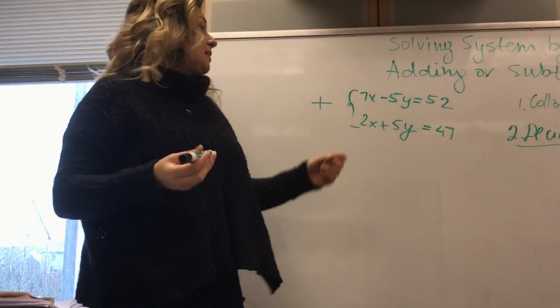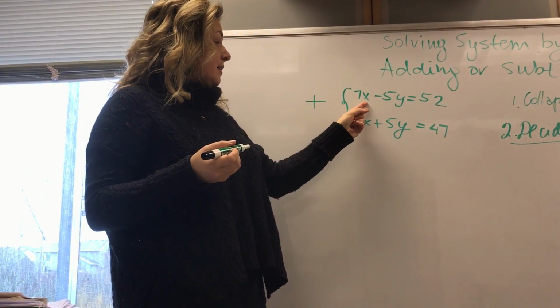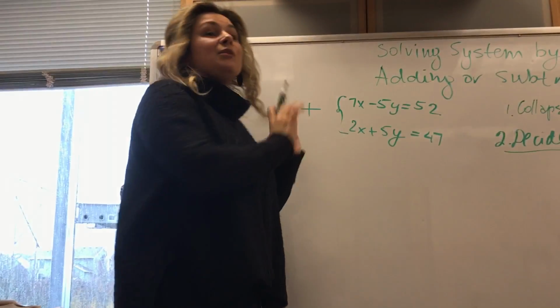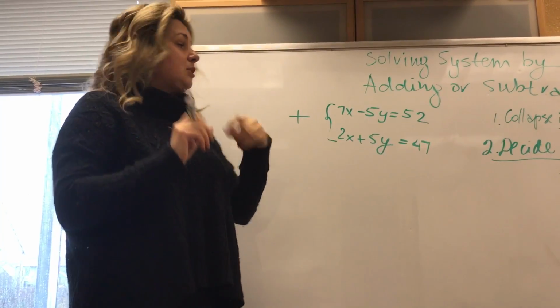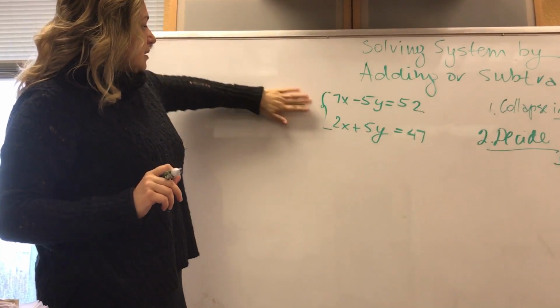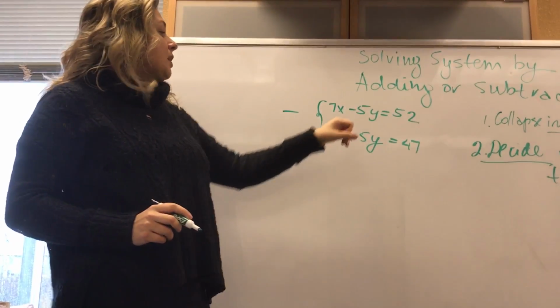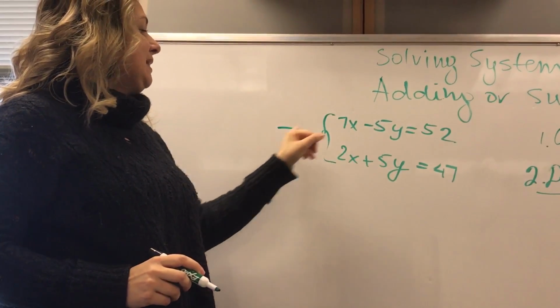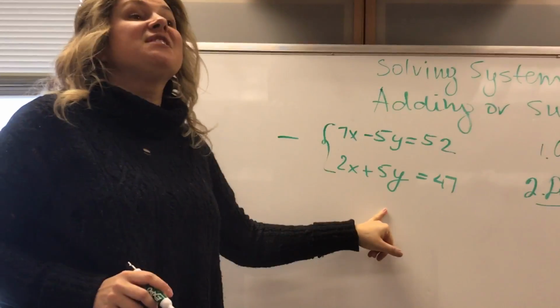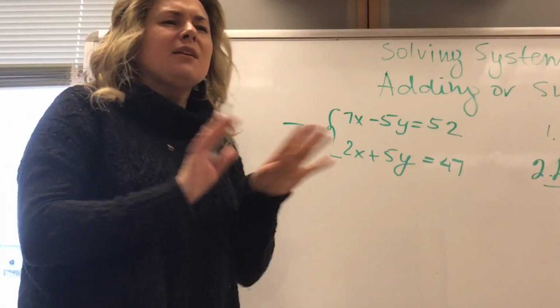Does it matter if you choose to add or subtract? It does, because if I subtracted, nothing would get eliminated. Watch. Subtract 7x minus 2x, I would have 5x. Subtract negative 5y minus 5y, I would have negative 10y. Nothing would happen.